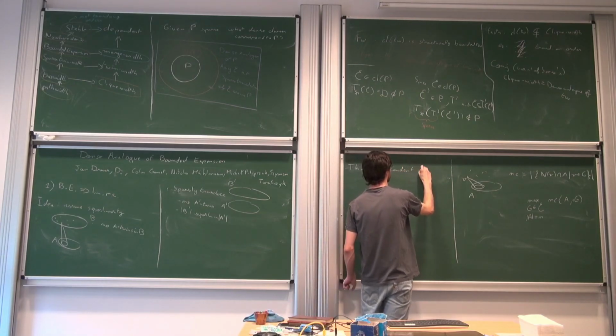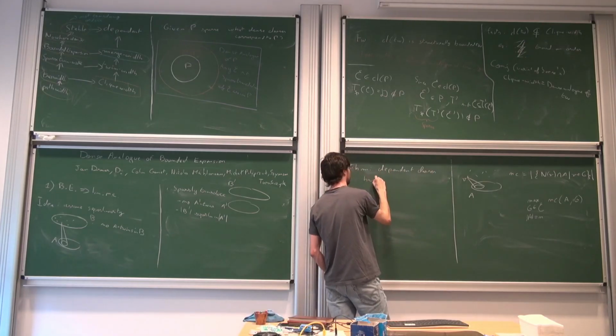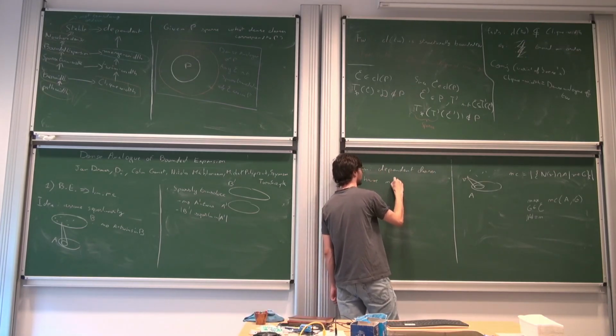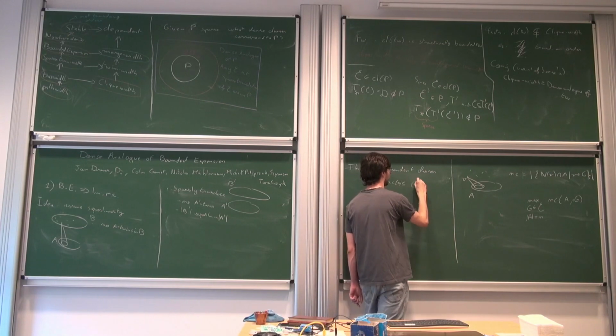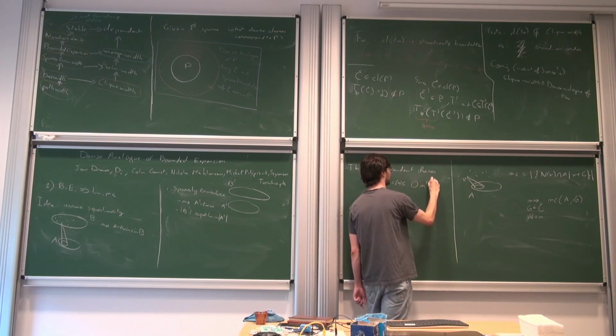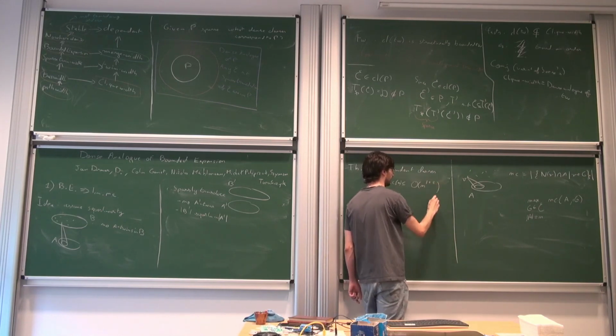Dependent classes have neighborhood complexity of A at most n to the 1 plus epsilon for any epsilon.